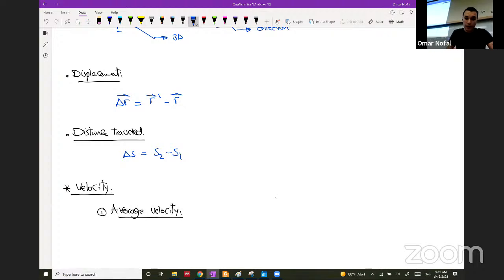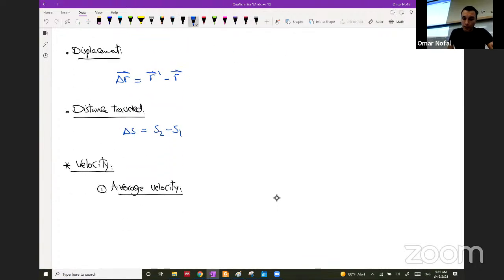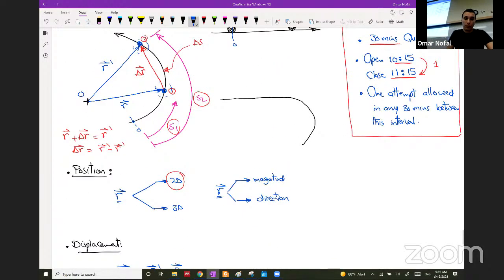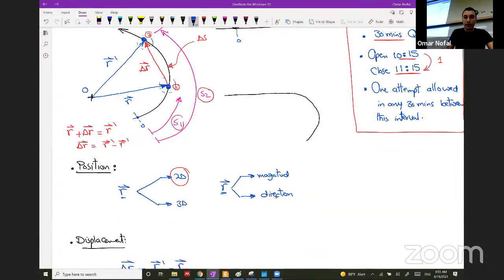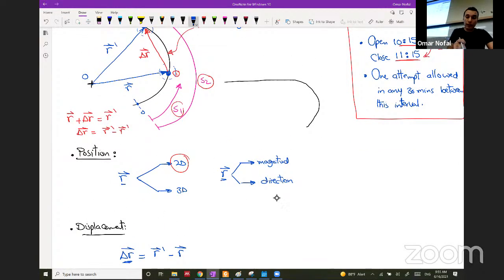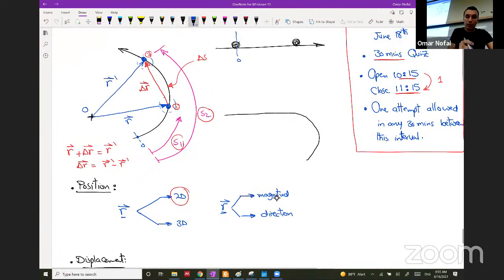It will be equal to, let's say, V average, the displacement of the particle, delta R vector, over the total time, delta T. It's similar to the 1D, but here rather than delta S, it's delta R, because delta S now is the distance on the curved path. But delta R is the shortest distance, or the linear distance, between position 1 and position 2.